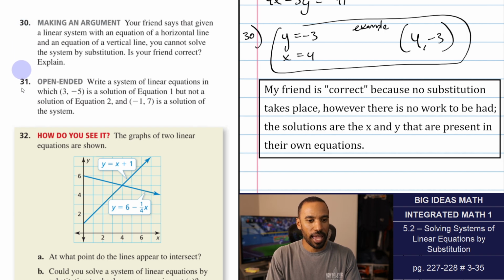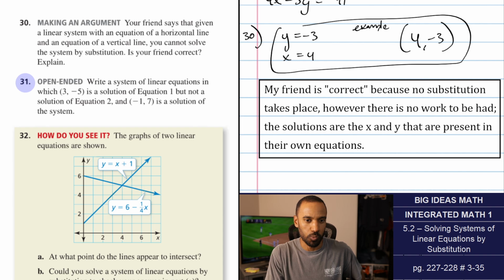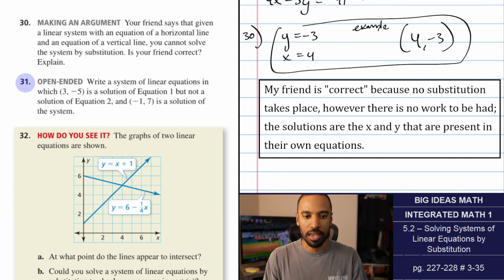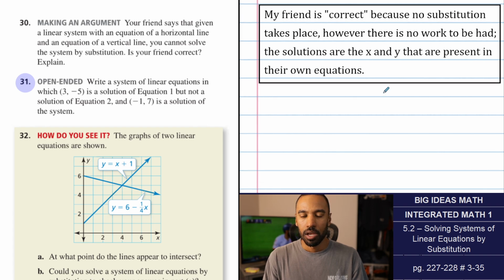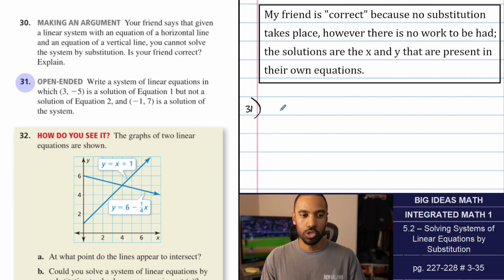Number 31, open-ended. Write a system of linear equations in which (3, -5) is a solution of equation 1, but not a solution of equation 2, and (-1, 7) is a solution of the system. Oh, okay. So here's what we should do. Let's take the 2 points (3, -5) and (-1, 7).